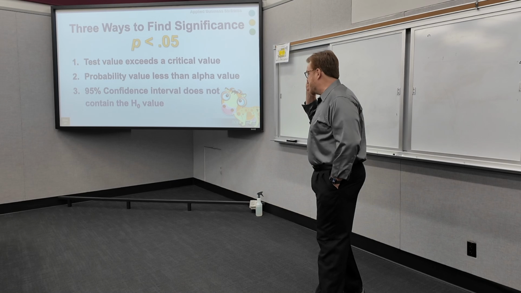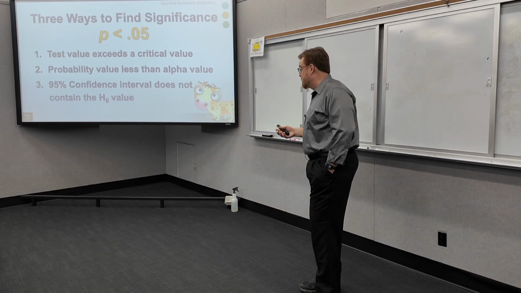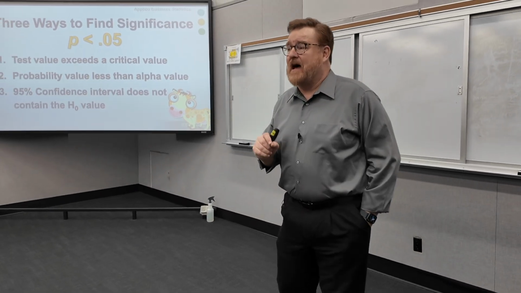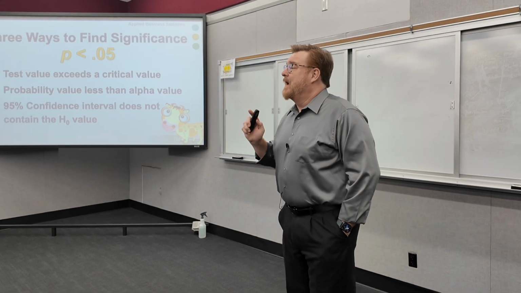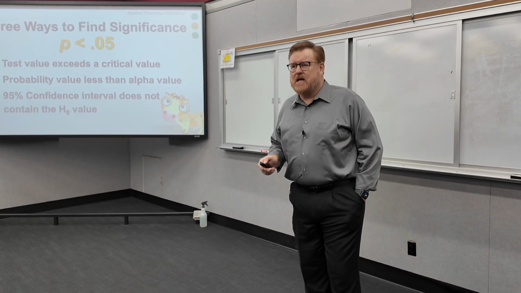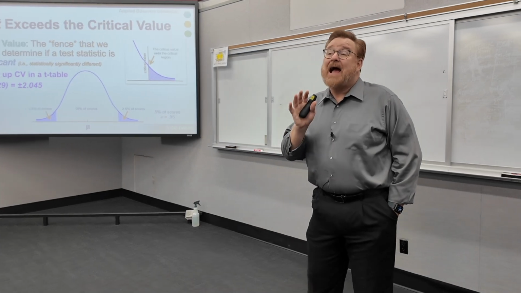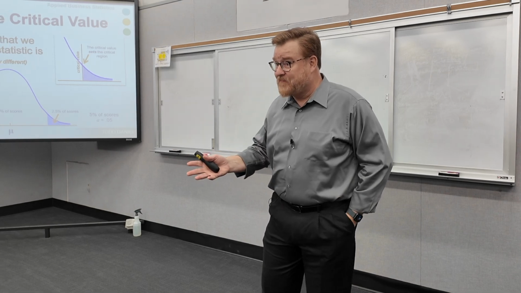And the third would be to look at my 95% confidence interval and determining whether the null hypothesis value is inside of that interval. There's a lot to take in there. So let's walk through each of those individually so we know how we could use this p less than 0.05.